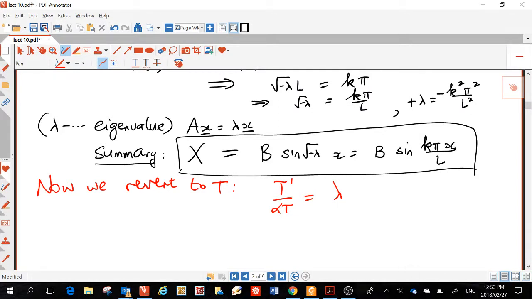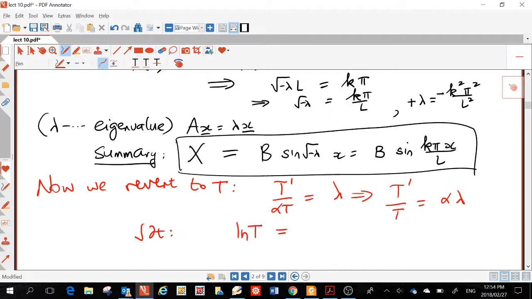So how do you solve this, guys? T dash over t equals alpha lambda. How do you solve that? First order differential equation. You can just integrate. Integrate with respect to t. What is the integral of t dash over t? When you have the derivative on top of the function, what's that?